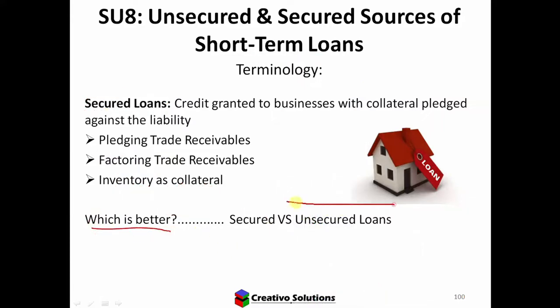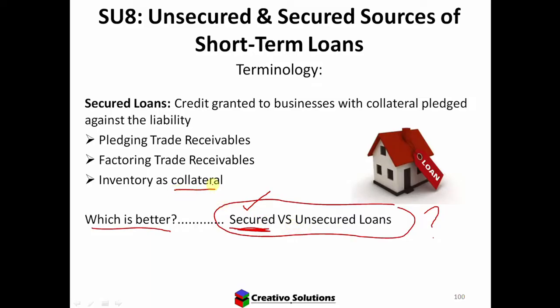Which is better? Do you have a view on this? Which do you think is better? Maybe secured loans. Yes. Why? Well, because you have that collateral. Good.